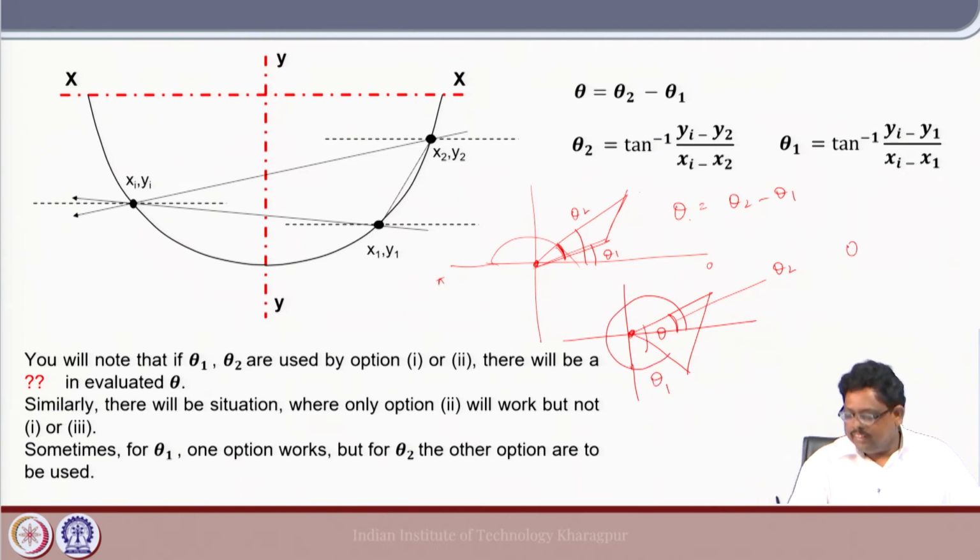Now, my question is, can this theta 2 minus theta 1 give you this angle in 0 to pi in this reference frame? No, right. However, if you take this reference frame and define this as pi by 2 to minus pi by 2.